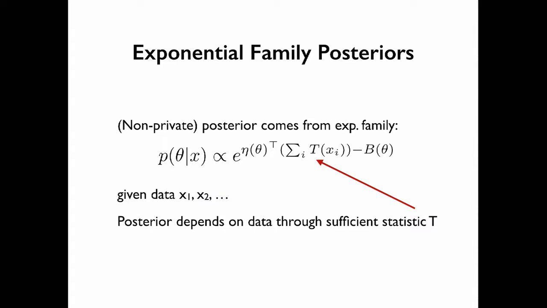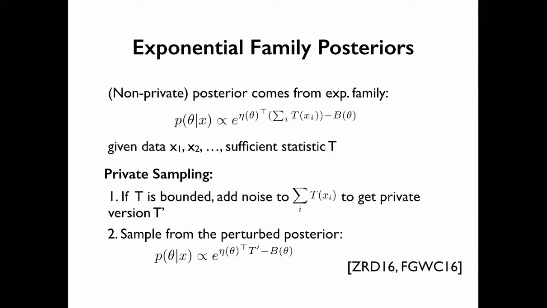The important thing to remember is that there are some functions of theta, but this posterior depends on the private observations through just this one sufficient statistic t. If you didn't know the data and somebody just gave you t of x, you would be fine. And this is what one can exploit.